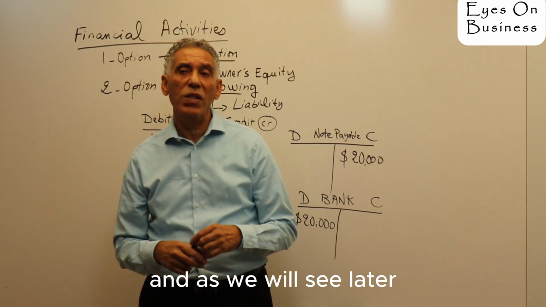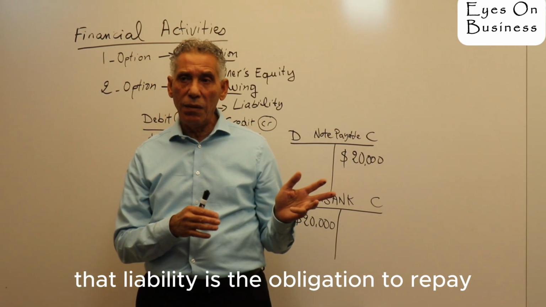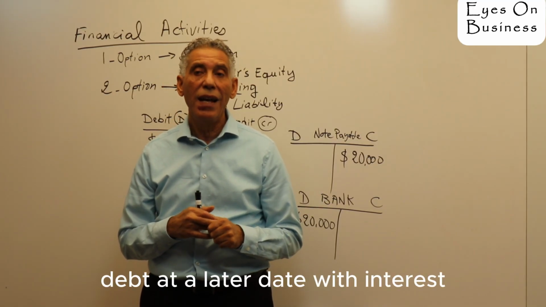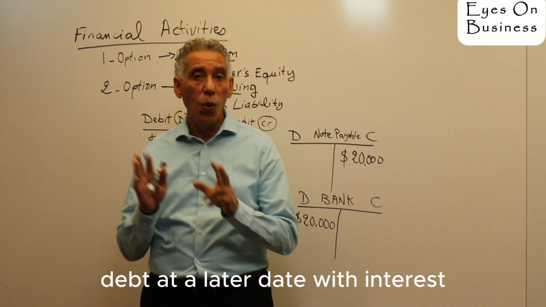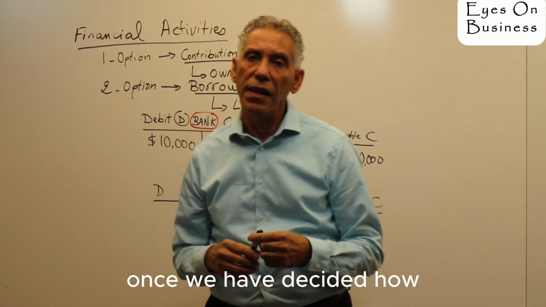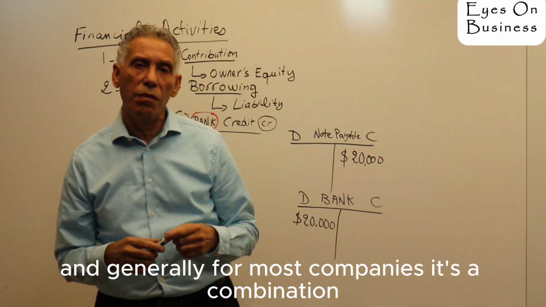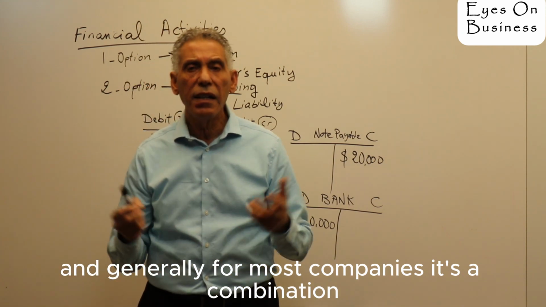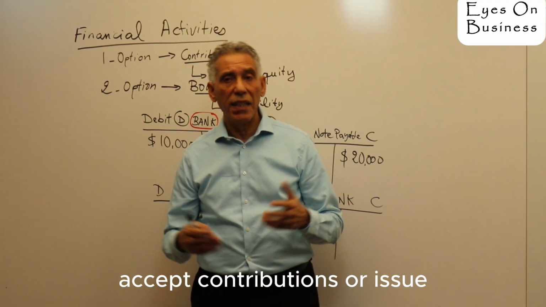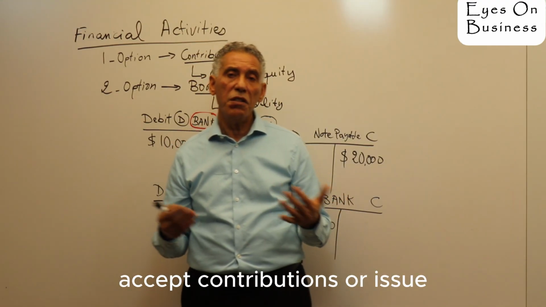And as we will see later, that liability is the obligation to repay the debt at a later date with interest. Once we have decided how, generally for most companies, it's a combination. We don't just borrow money, accept contributions, or issue shares.